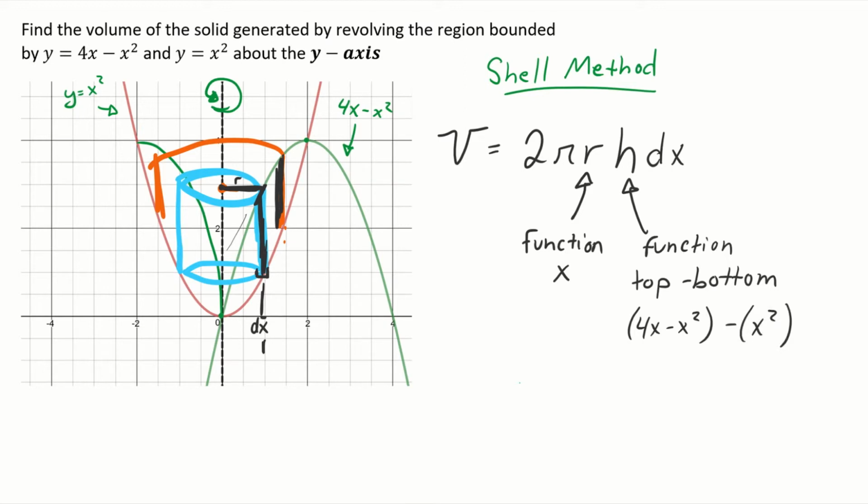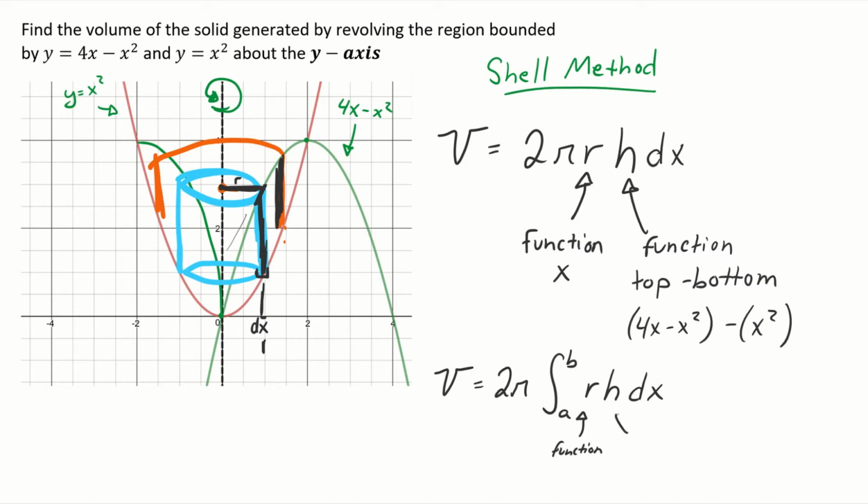So in this case, it's going to be the top curve of 4x minus x squared minus the bottom curve of x squared. Okay, and that would be the volume of one of the shells, but what we said, we want a whole bunch of shells, an infinite number of shells, and to find the volume of each one, and then add them all together. And guess what? That is an integral. So using this shell method, the volume of a solid by revolution is equal to 2 pi times the integral from a to b of the radius times the height times dx, in this case, sometimes it's dy, remembering that this r is going to be a function.